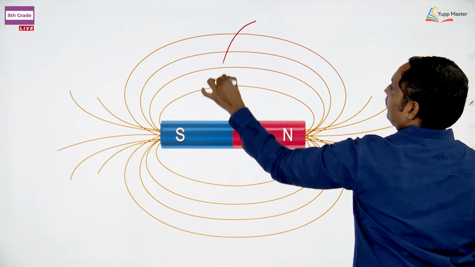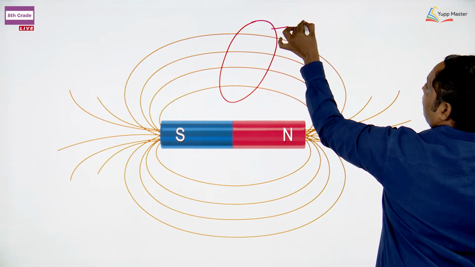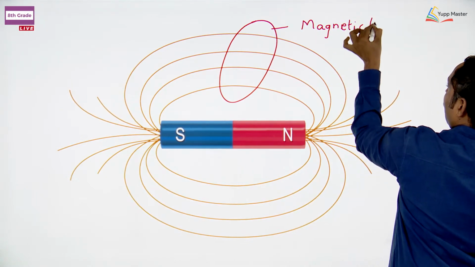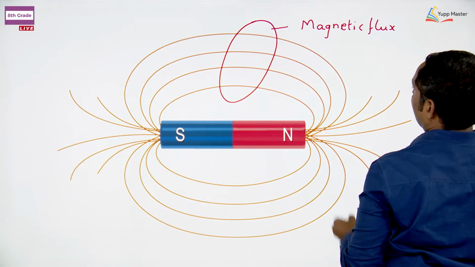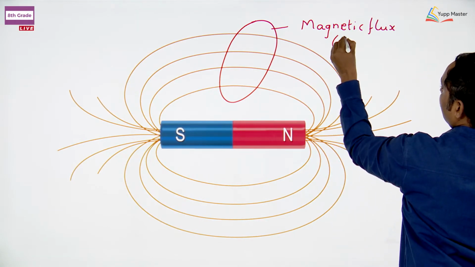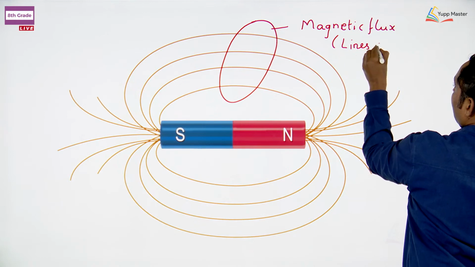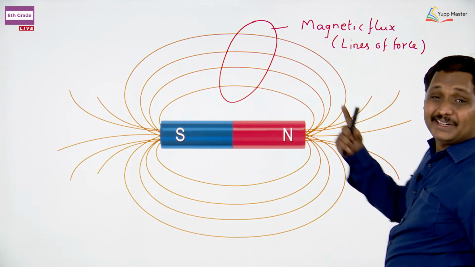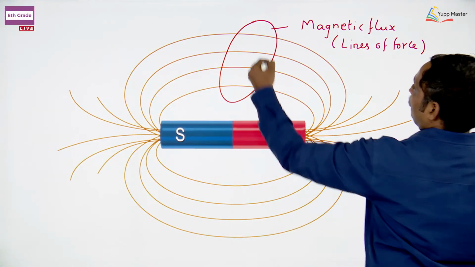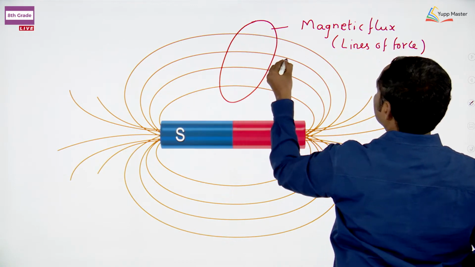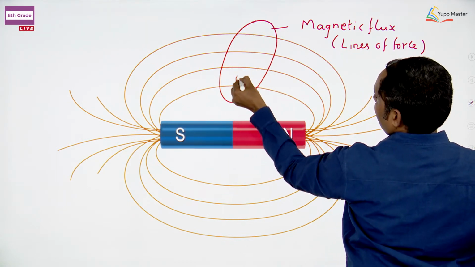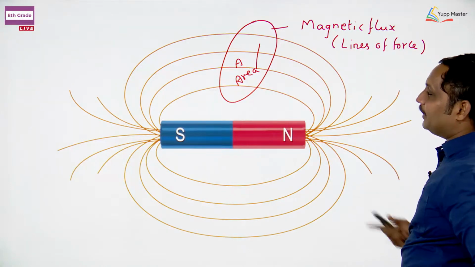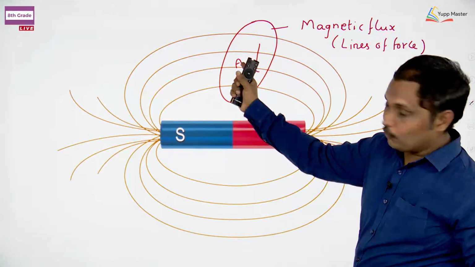Here this is magnetic flux, magnetic lines of force. If you want to measure the magnetic field induction, you know this area is A. The flux, how many lines are there, they have crossed this area.